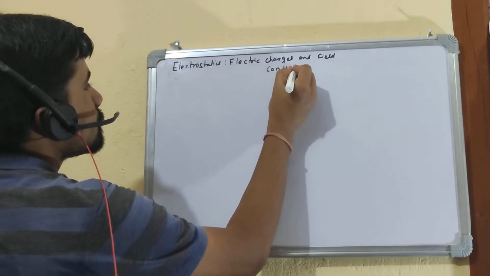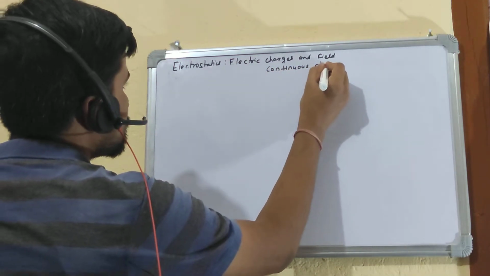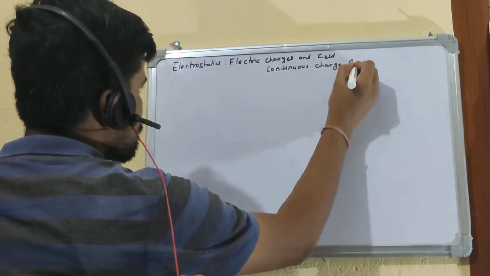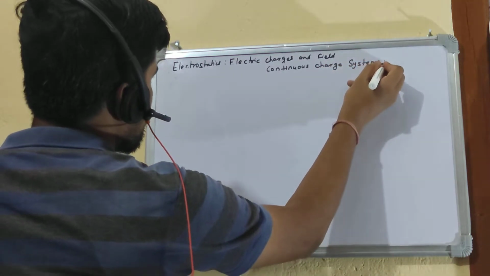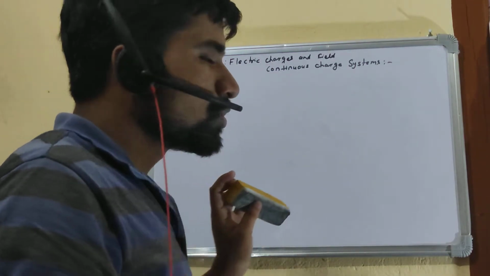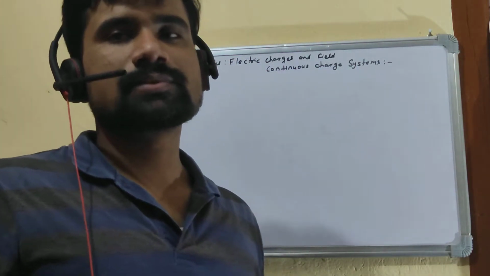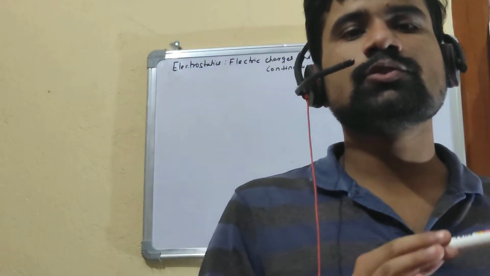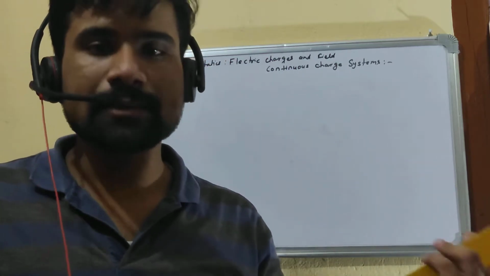Continuous charge systems, right? So what exactly is a continuous charge system? Continuous charge systems are those systems in which charge is uniformly distributed. It might be along its length, along its area, or along its volume.